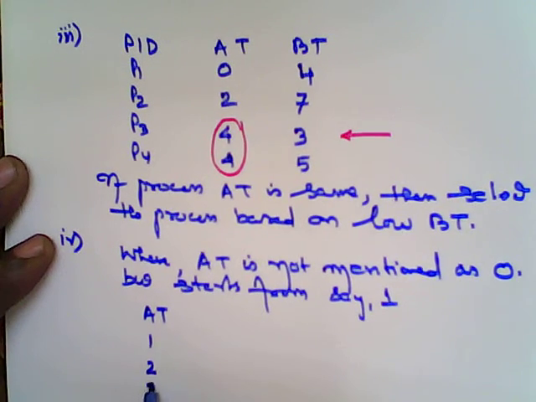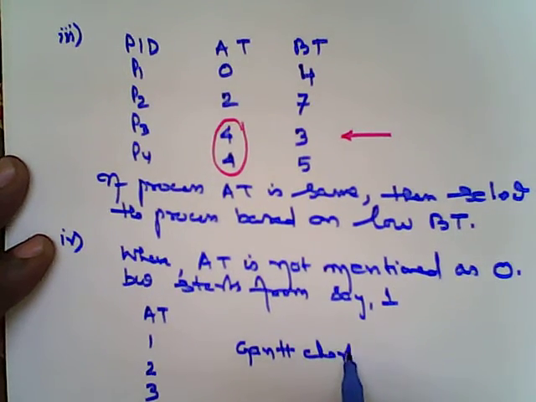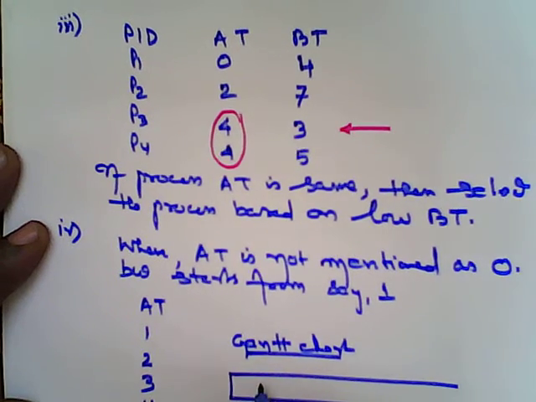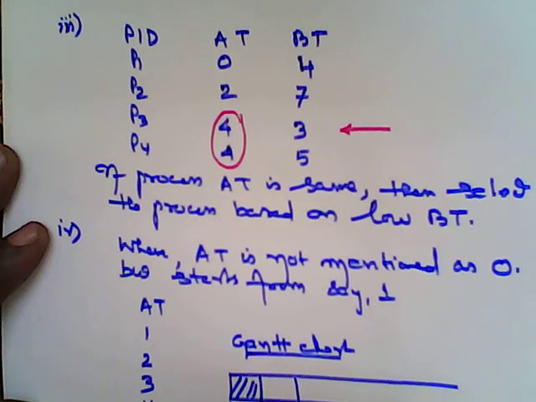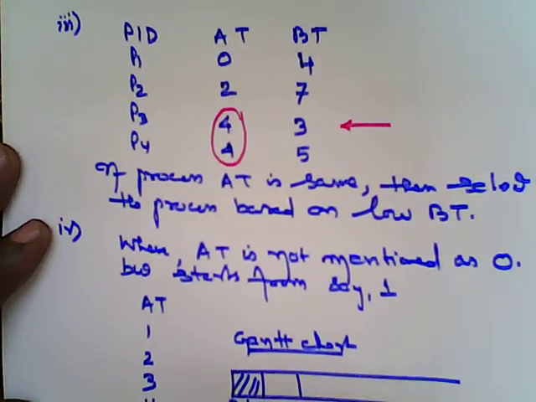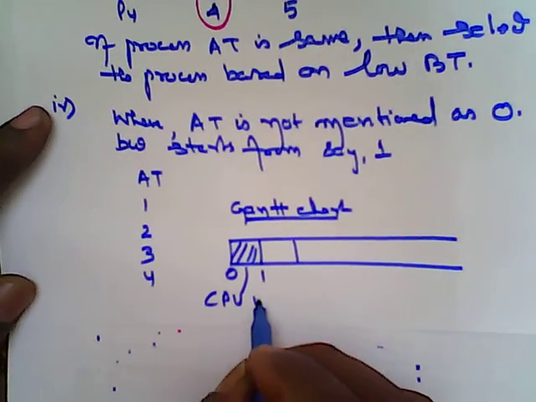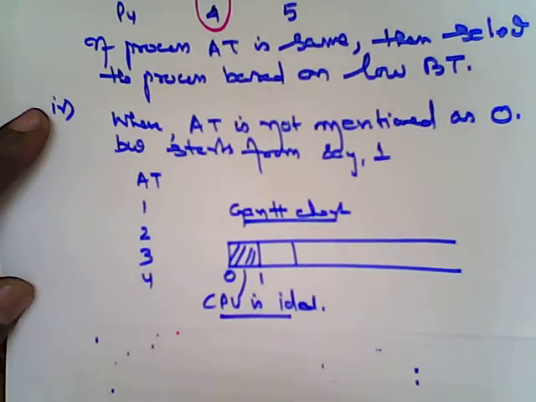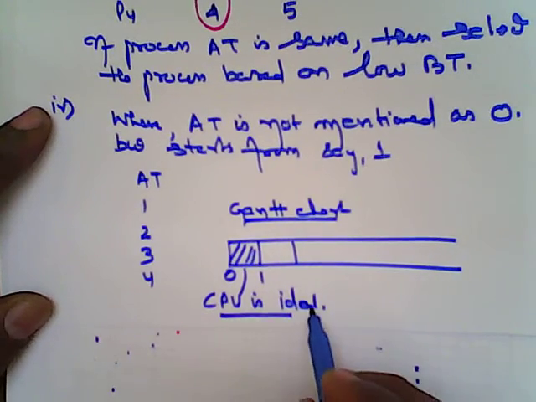Under these conditions, when you are writing a Gantt chart, you draw the Gantt chart box. Then from arrival time 0 to 1 you keep it blank, and from then onwards you start. Here the CPU is in the idle state.